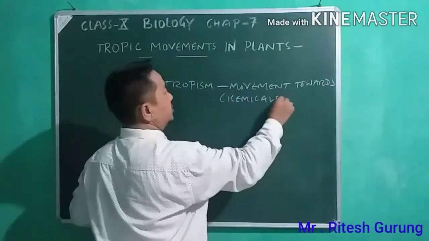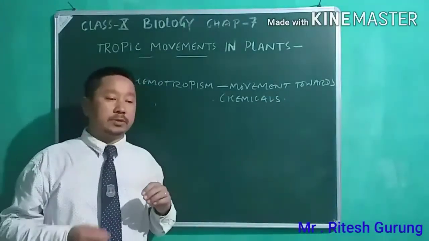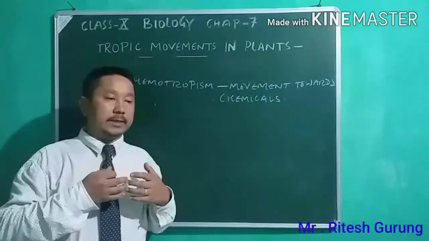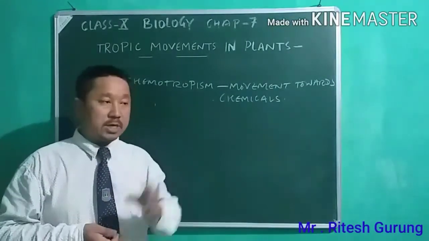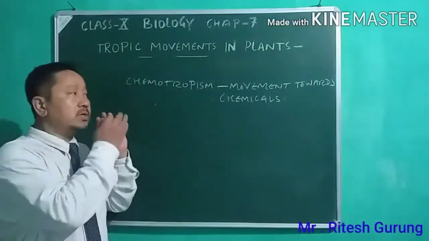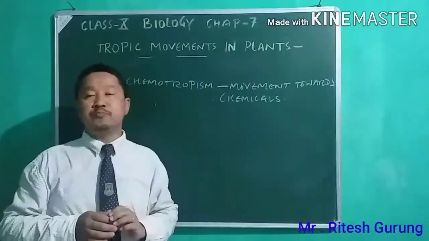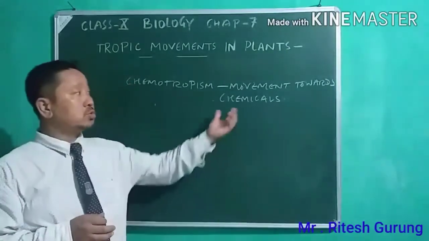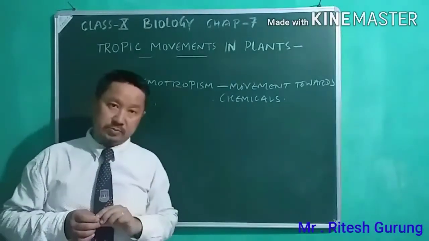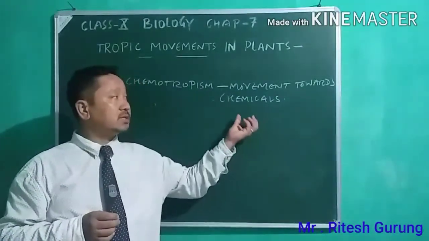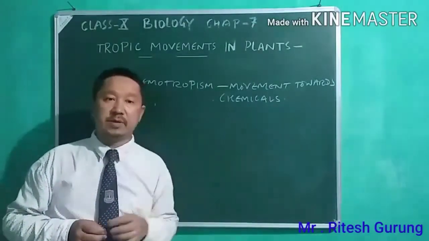Plants also have areas or regions which secrete a lot of chemicals, and other parts of the plant respond by showing movement. Such movements towards the chemicals are called chemotropisms. Chemo means chemicals here.